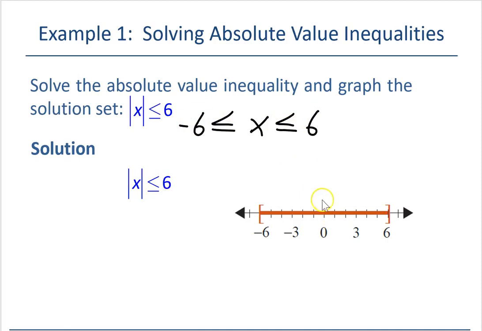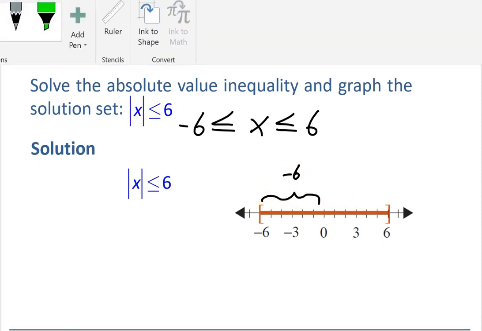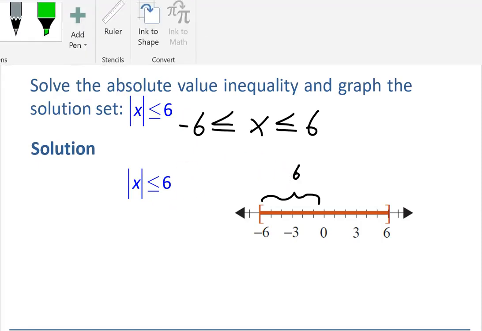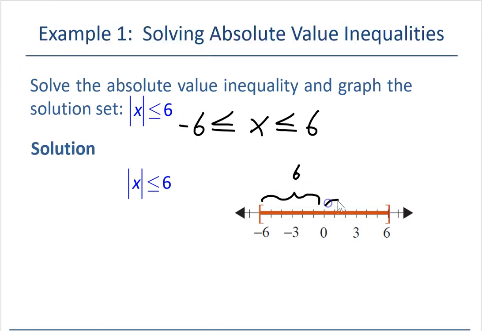Because if we have x sitting right here in the middle, we have a distance here, and then we also have a distance here, both of 6, because that's how far away they are from 0. So that's how come you can have this on both ways.